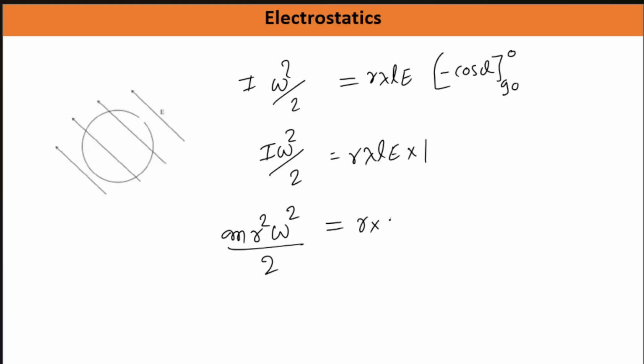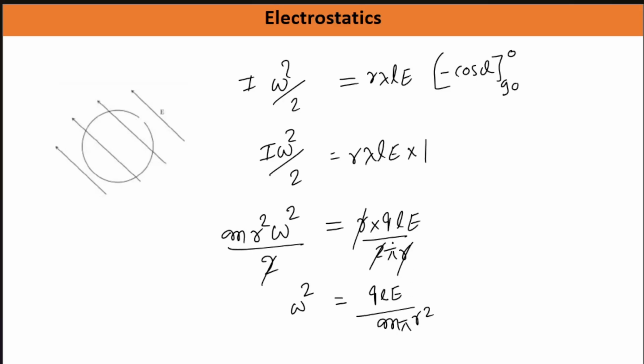What will you write lambda as? Charge per unit length, so Q by 2 pi R. Okay? Done. And then there is this L, and then there is this E. So R cancels, 2 will get cancelled, and this will become how much? Omega square is equal to QLE divided by M pi R square, right? If I'm not wrong, yes, it looks like this. Okay? So we can calculate the omega value from here. So this is the way you were required to solve this.